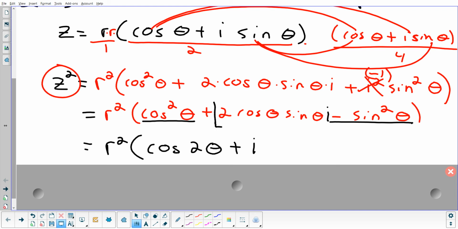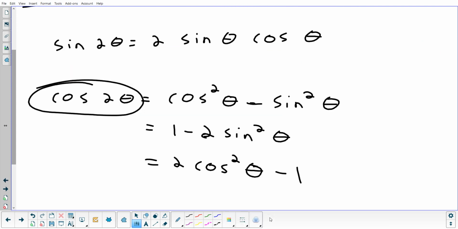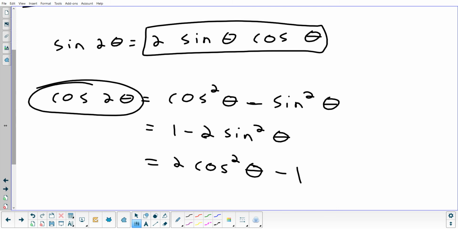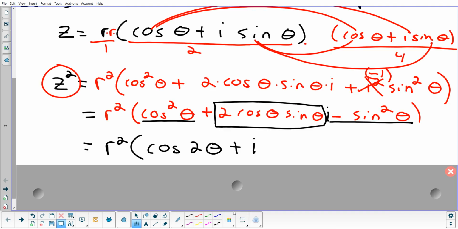And look at this part. 2 cosine sine. Well, that's something else. 2 cosine sine turns into sine 2 theta. Any question on that? I know I have 2 cosine sine, and this says sine cosine, but it's the same thing. So 2 cosine sine turns into sine 2 theta.